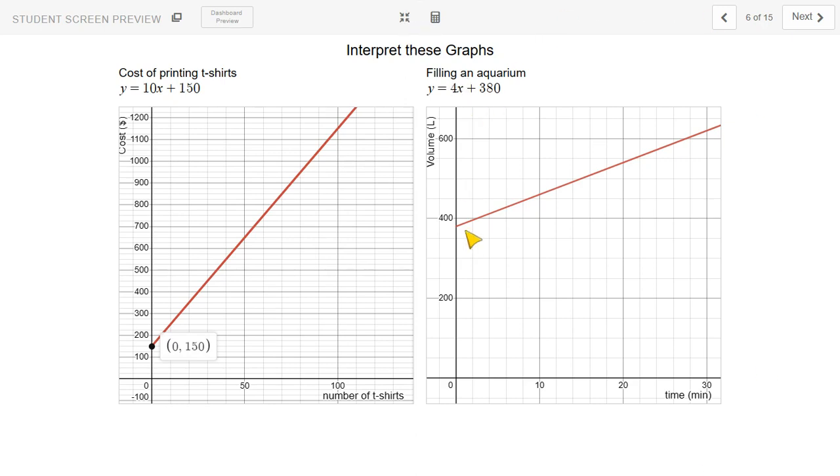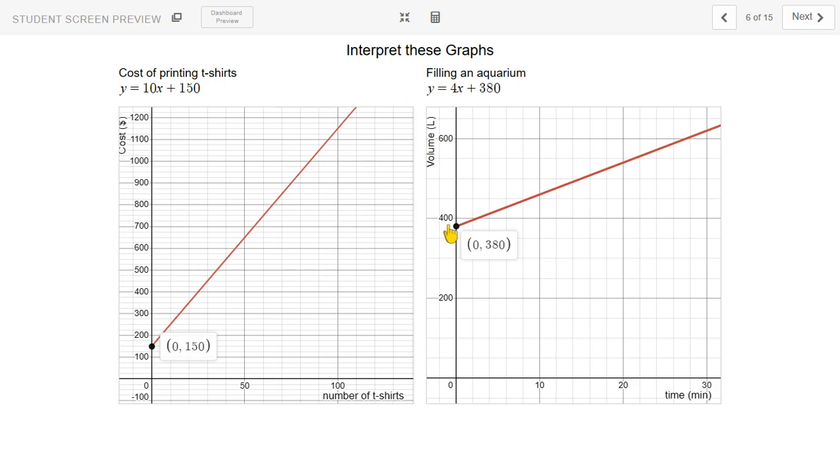Okay, filling an aquarium. Once again, the same aquarium example that we did yesterday. I've only removed some of the water. So even before I start filling, there is already 380 liters of water in the tank.